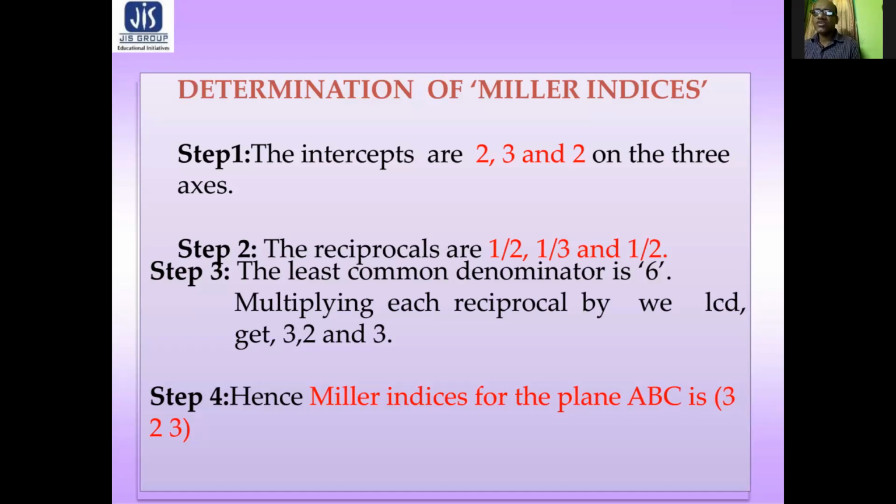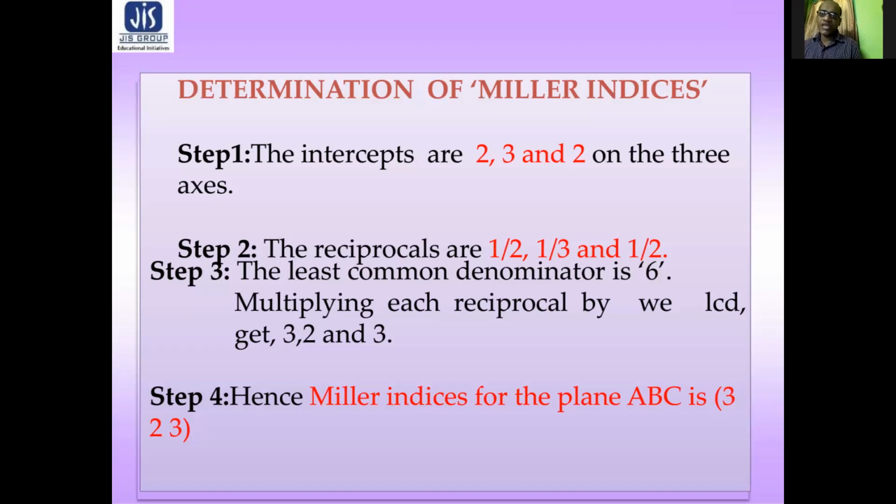First of all, the intercepts along the axes x, y, z respectively are 2, 3 and 2 on the mutually perpendicular three axes. Step 2, we have to find the reciprocals, which is very easy: 1 by 2, 1 by 3 and 1 by 2 respectively.